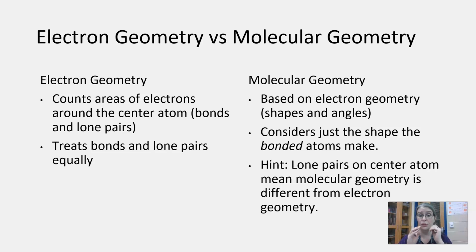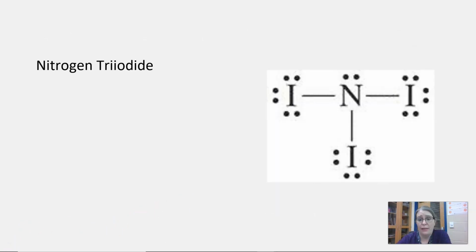If there are no lone pairs on the center atom, the molecular and electron geometry should be exactly the same. To talk about areas of electrons, let's look at a couple of examples. Here's a molecule that's great for looking at what we are really counting as areas of electrons.